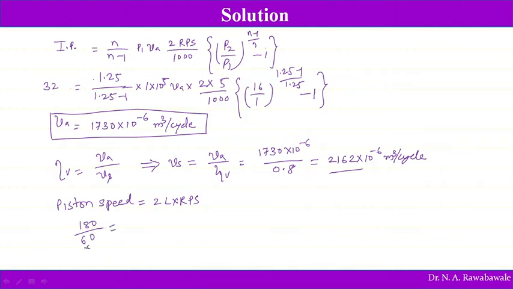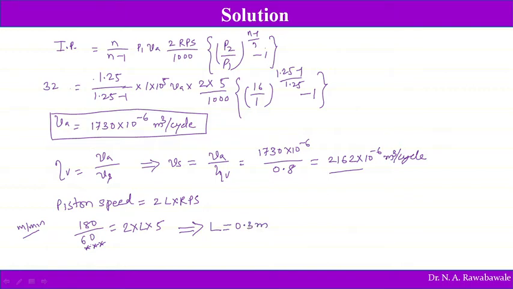So this is important. Why are we dividing it here by 60? It is 180 meter per minute, and minute has to be converted into second. That's why we are dividing it by 60. 2 into L into RPS, which is 5. So from this we get stroke length of compressor as 0.3 meter.